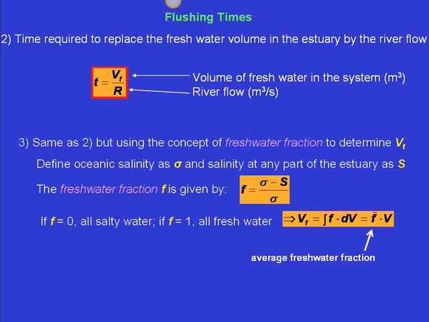That's a good way of doing it. Taking the average salinity, using the salinity at each place where we measured, and then calculating the freshwater fraction with that salinity, and then an average freshwater fraction. Or you can use the salinity in the middle of the estuary.